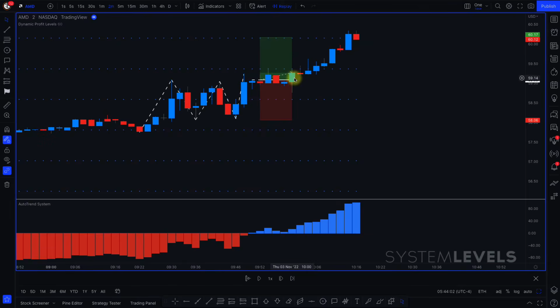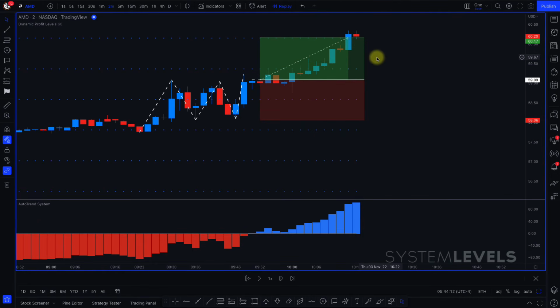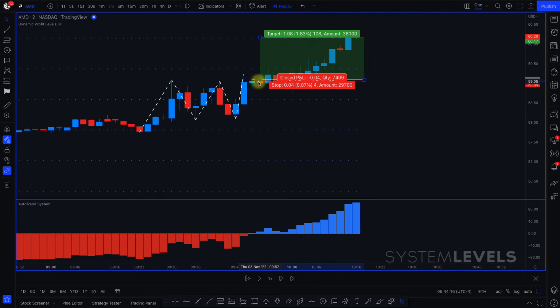All right, so we hit our first target, and when we hit our first target with the dynamic profit levels, according to the rules of strategy number 4, we need to bring our stop loss all the way up to break even. So to our original entry. At that point, we have gotten paid on our first partial.